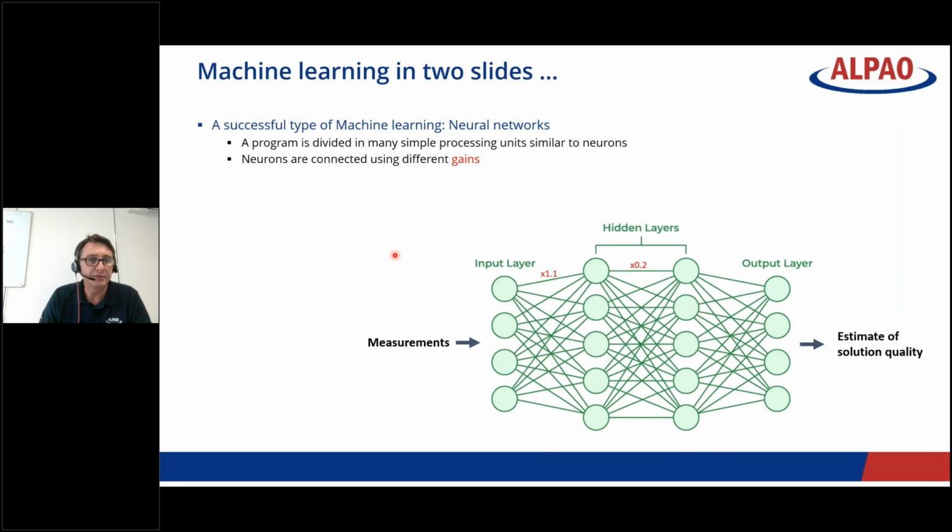A very recent and successful machine learning technique, because there are many of them, is what we call neural networks or deep learning. The idea is that instead of having a very long list of instructions for the program to compute the command for the wavefront corrector, your program is divided into many single processing units that are very similar to neurons in the brain.